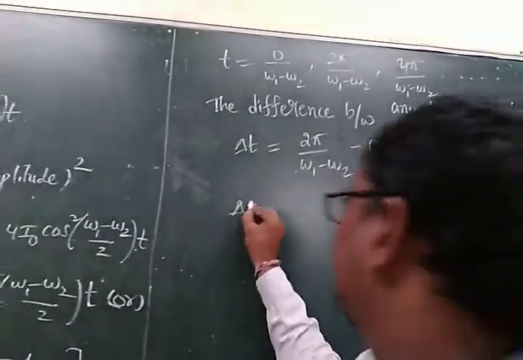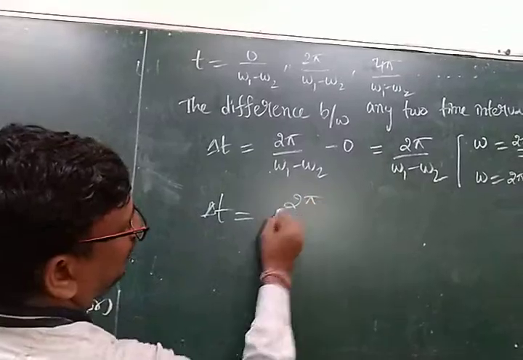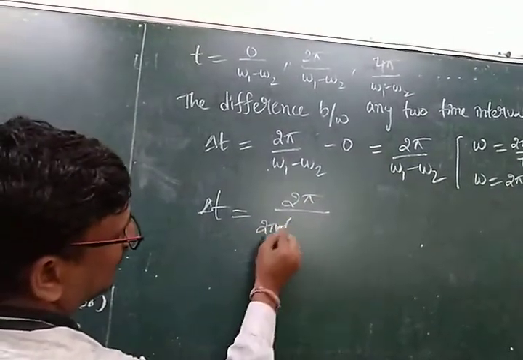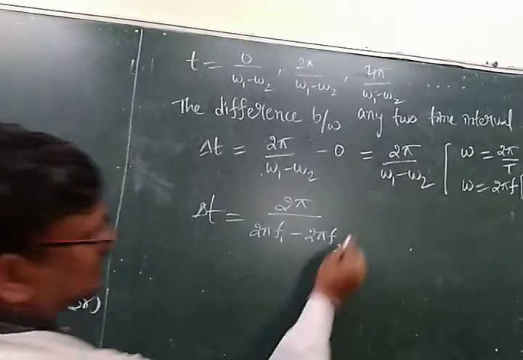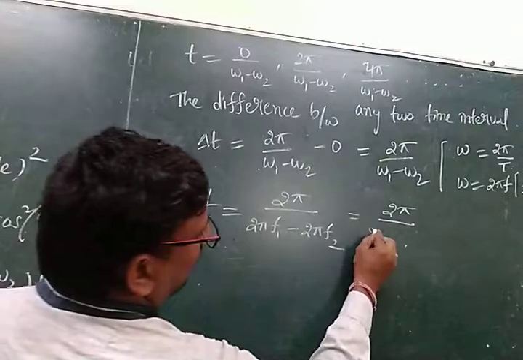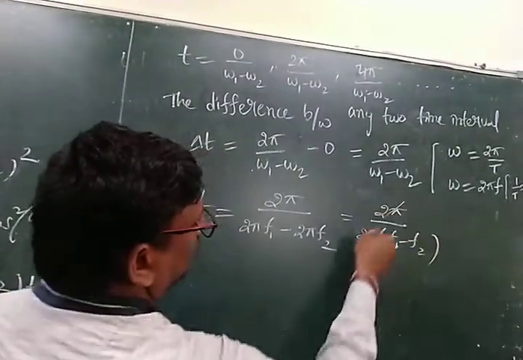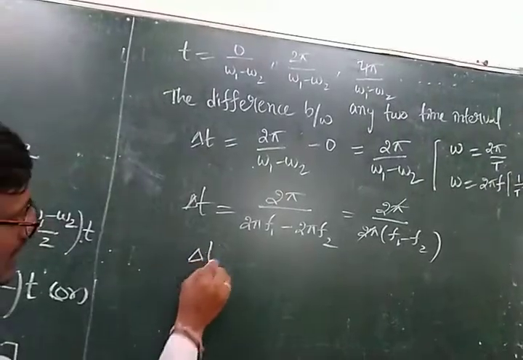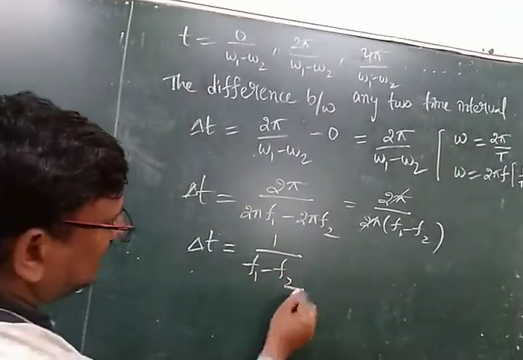Delta t is equal to 2π by (2π f1 minus 2π f2). See, that is equal to 2π by 2π times (f1 minus f2). The 2π gets cancelled. This delta t is equal to 1 by (f1 minus f2).